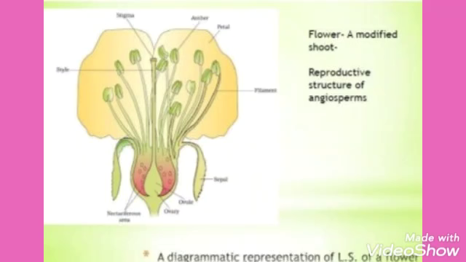Middle layers range from 1 to 6. The middle layer degenerates at the time of maturity of the anther. Tapetum is the innermost layer of the anther wall surrounding the sporogenous tissue. Tapetal cells are nutritive. They are multinucleated and polyploid. The UBISCH bodies are deposited in the exine of the microspore wall.